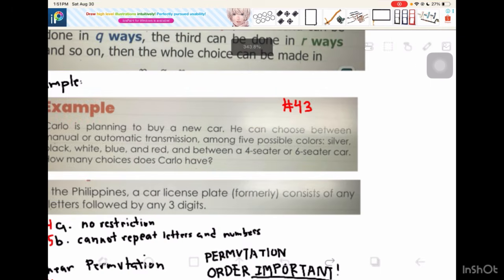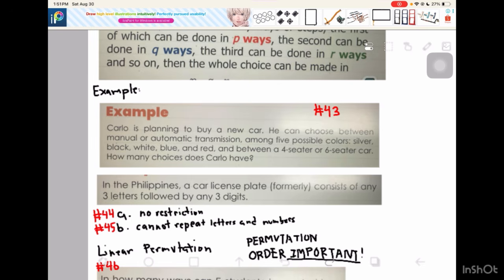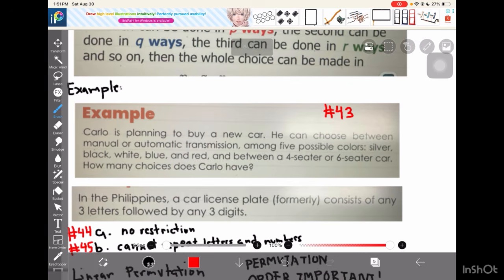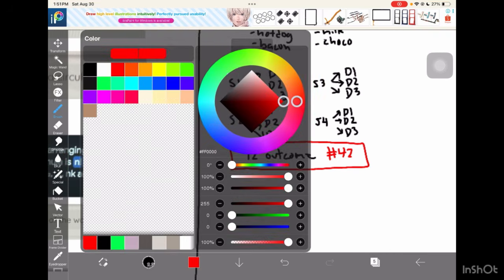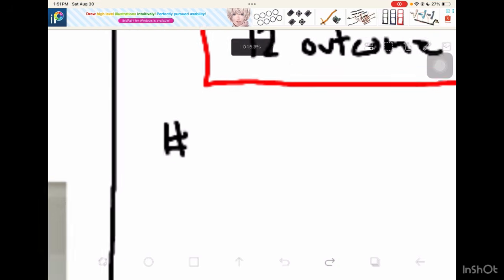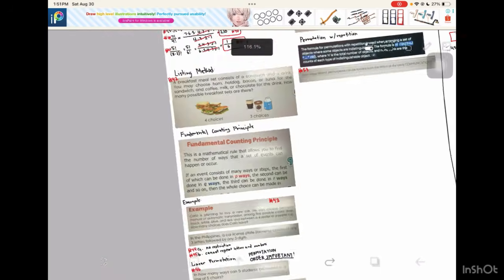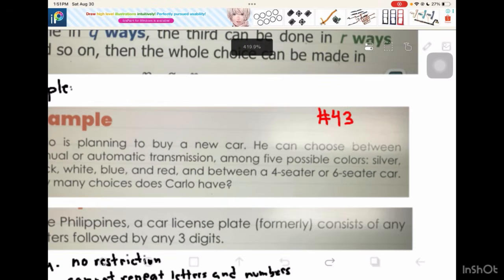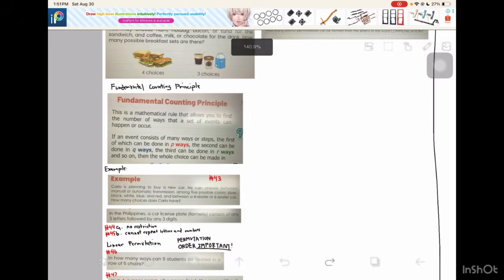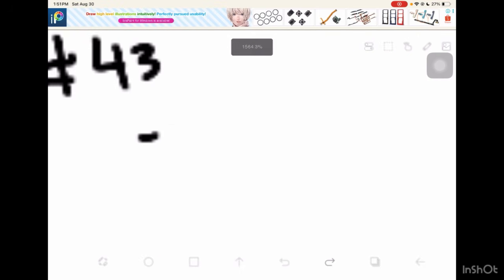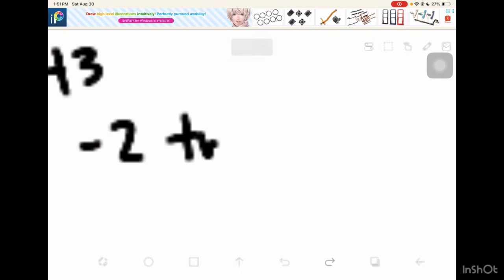So knowing that, let's try to solve number 43. Number 43, Carlo is planning to buy a new car. Let's put that in our solution board. He can choose between manual or automatic transmission. So let's put this as 2 transmission types.